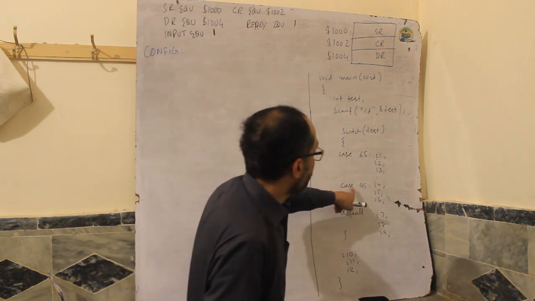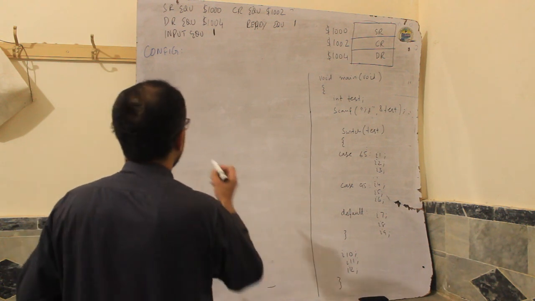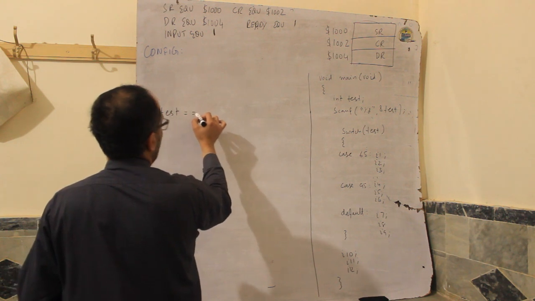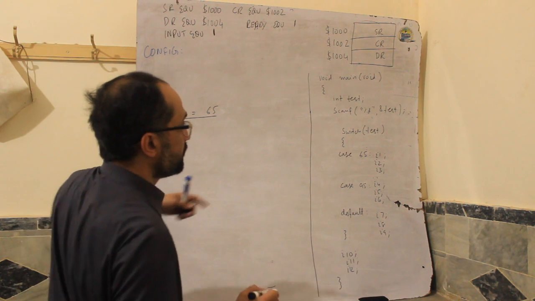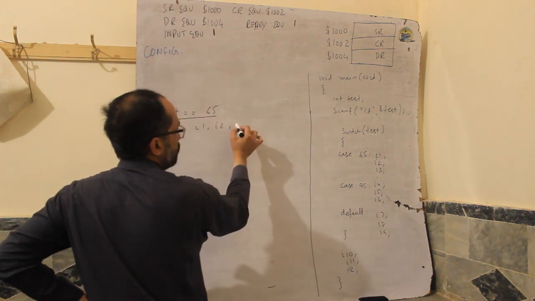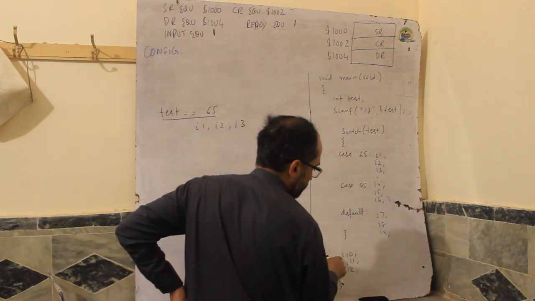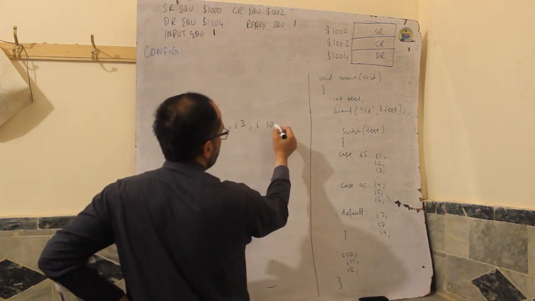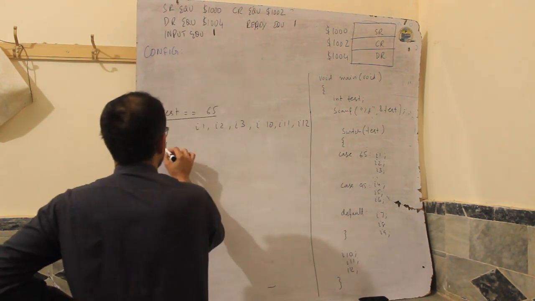Now there are three possibilities. If the value of test is equal to 65, the instructions that will be executed are I1, I2, I3. So this condition is true, then the control will come out of the switch statement, and then the instructions I10, I11, and I12 will be executed.